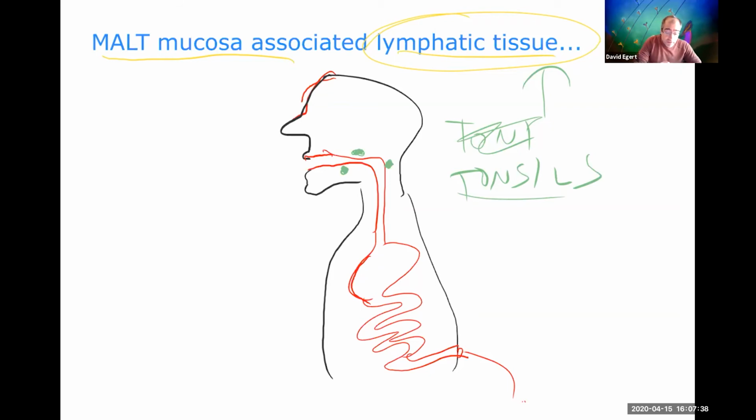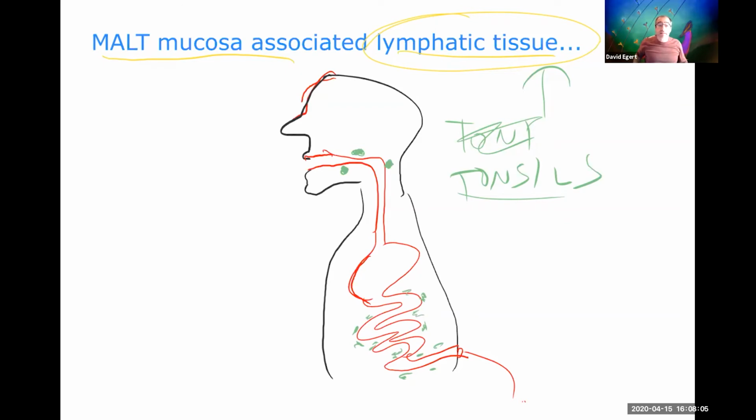But those are just collections of lymphatic tissue that are just under the epithelium surrounding your throat here. You've got more and more as you go along. In anatomy, you learn about the Peyer's patches and things. But they're all over. They're also on the outside of your trachea.